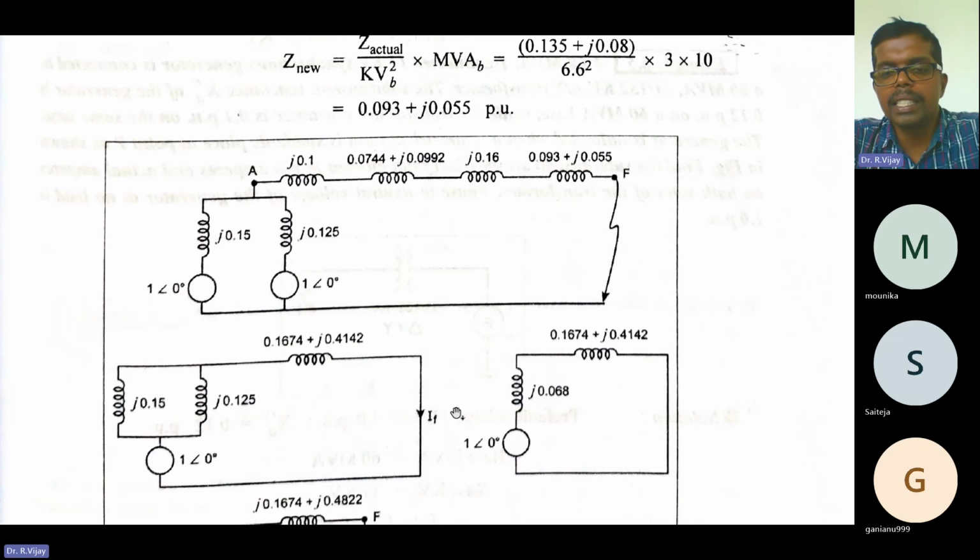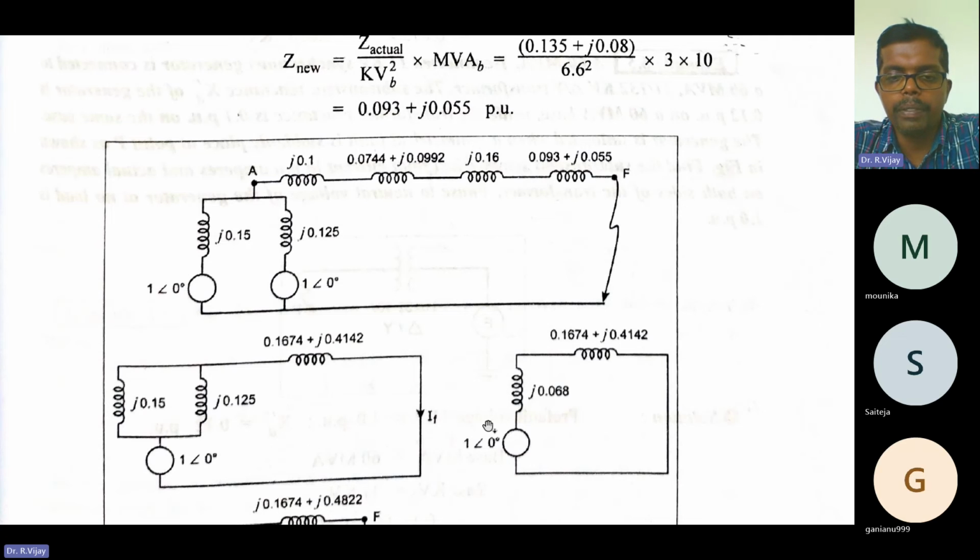Further simplifying, because these two reactances are connected in parallel: 1 divided by J into 0.15 plus 1 divided by J into 0.125, or in other terms, J into 0.15 into J into 0.125, the whole divided by J into 0.15 plus J into 0.125.